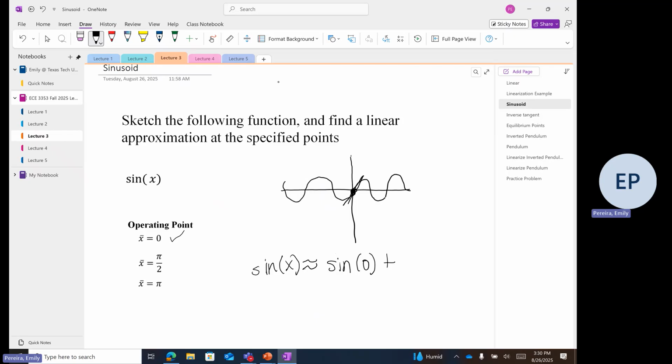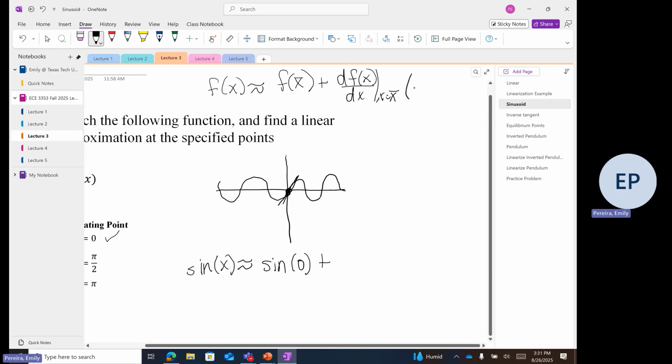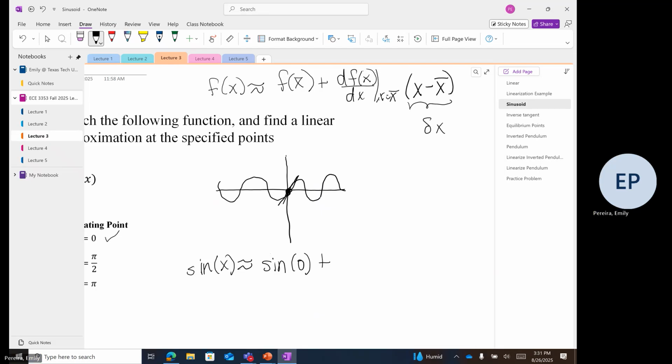So let me write down the equation again. So f of x is approximately equal to f of x bar plus the derivative at f of x bar times x minus x bar. So this we'll often call delta x, just so you know.